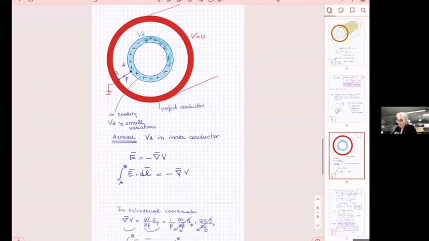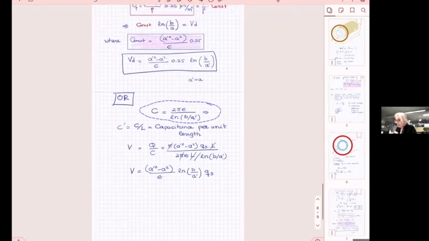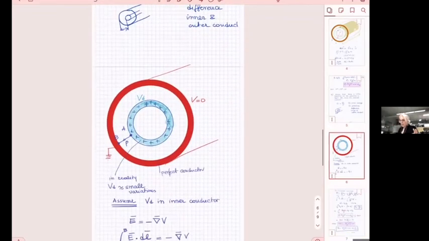And therefore, we have already calculated this capacitance for the coaxial line. And therefore, what I need to do is to find the voltage in that case, and that's it. In fact, practically, I don't even have to do anything else. I will not have to derive anything. Because it asks me to find the capacitance.